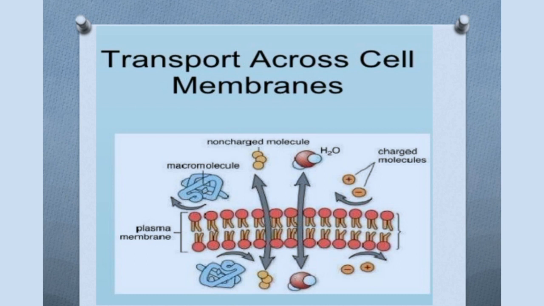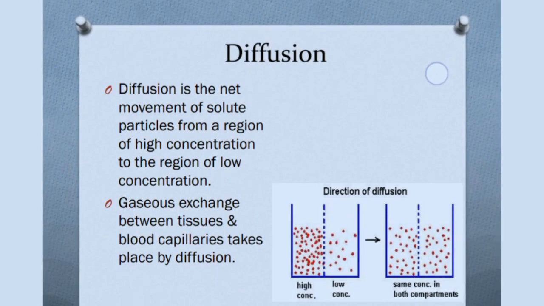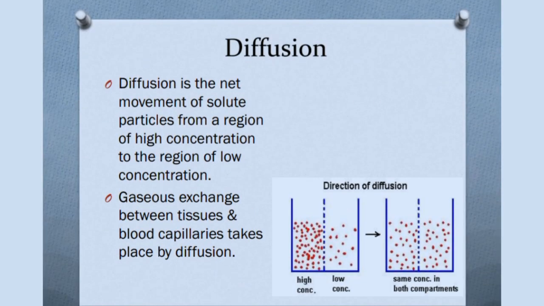Certain substances can easily pass through the plasma membrane by a simple process of diffusion. In this figure, you can see non-charged molecules as well as water molecules passing through the plasma membrane. So, first type is diffusion.